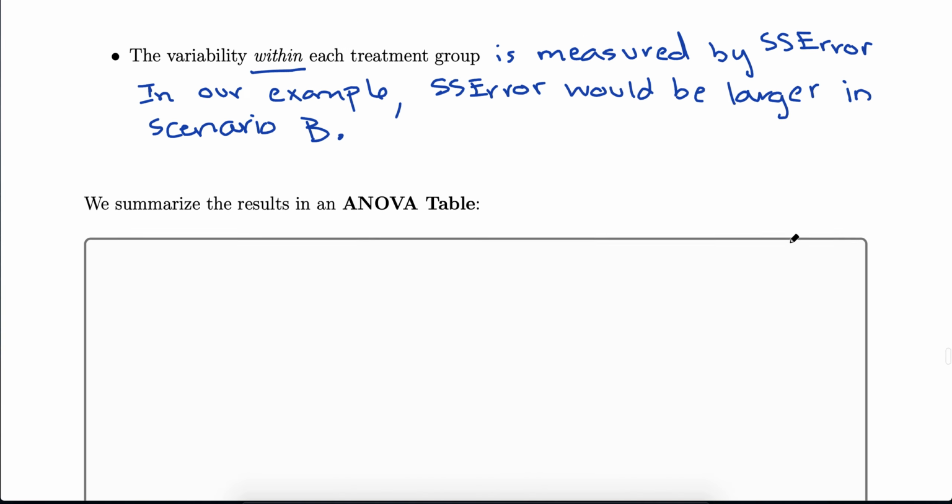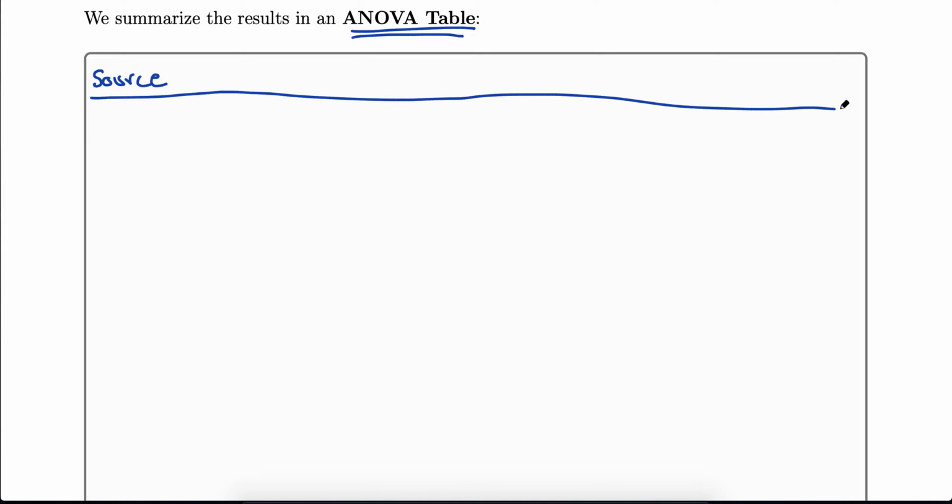So all this information is going to be summarized in what we call the ANOVA table. So no matter what software you use, it's going to output an ANOVA table, and it's going to be pretty similar with every software. So let's look at our ANOVA table. The first piece of information we have is the source of variability. So when we're talking about the source of variability, we can have variability coming from our factor.